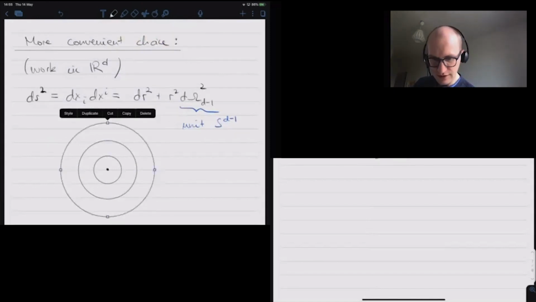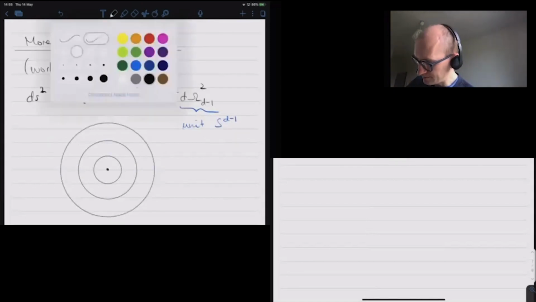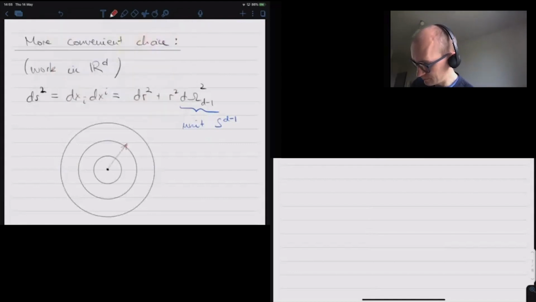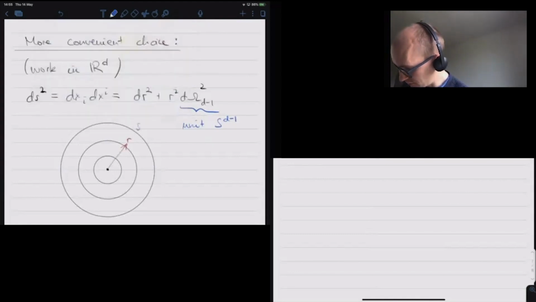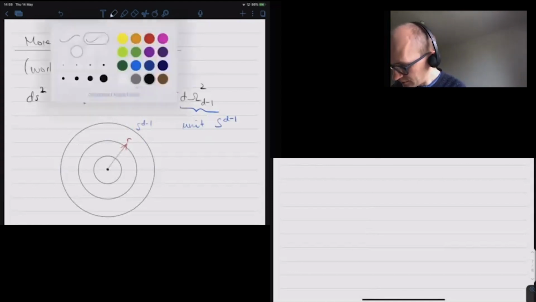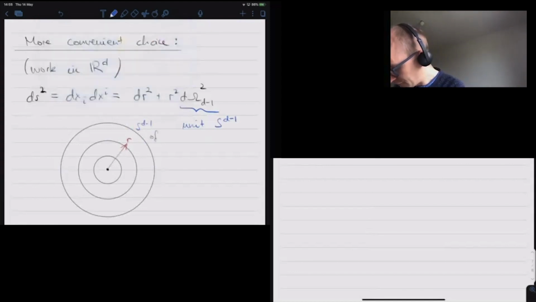And we have the radial vector R, and each of these leaves is one of my S^{D-1}, like this leaf here. I should have drawn it in blue in the first place, but okay. So you see what I mean. So these are S^{D-1}, let's say, of increasing radius R.